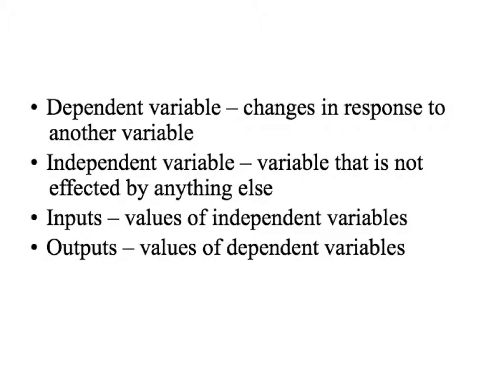A few key terms we have is dependent variable, means it changes in response to another variable, and that would be the independent variable that is not affected by anything else. Inputs are your independent variables, outputs are your dependent variables. And typically you will see that your inputs or your independent variable would be your x, and your dependent or outputs would be your y.